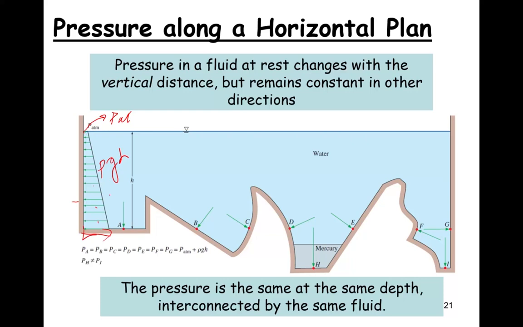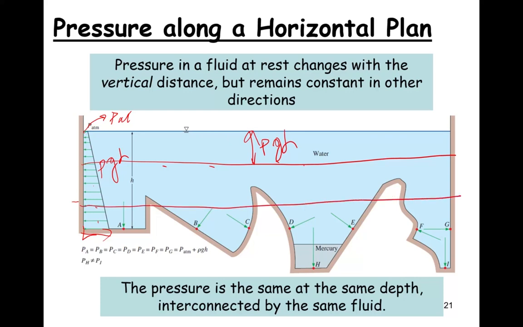Now the question is, is the pressure along this horizontal line the same? Yes, it is the same. Why? Because rho gh for all of these along this line is the same. How about here? It's still the same, because h and rho have not changed.